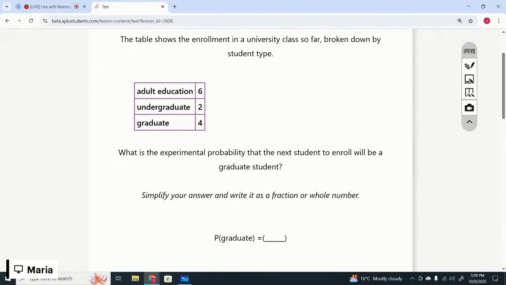The table shows the enrollment in a university class so far, broken down by student type. What is the experimental probability that the next student to enroll will be a graduate student?